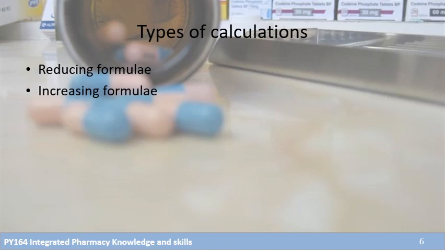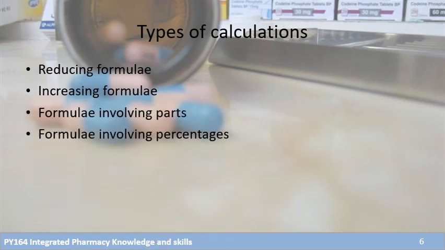So if the master formula is for 1000 mils, it might be that you have to make 2 liters of it. It might be that you have to make 100 mils of it, and you have to adjust all the ingredients to come up with the final answer. And you can do the same thing by reducing or increasing formulae.